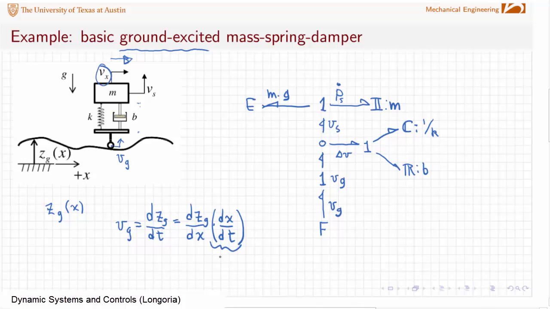It's that forward velocity. This is simply the derivative of the known function zg with respect to x. So this allows you to compute vg as a function of time, given that you know the position, rather the elevation as a function of position, and of course your forward velocity.